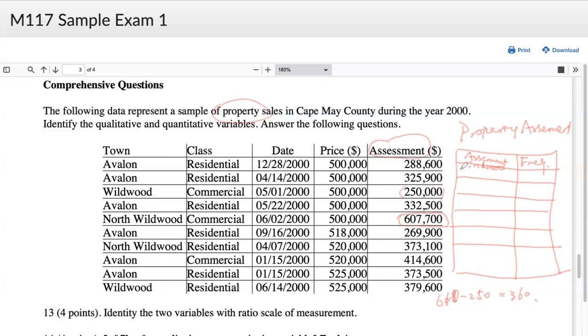So the first class will start with 250, then up to, because we want to do 60, the next one will be 310. So this will be 309.